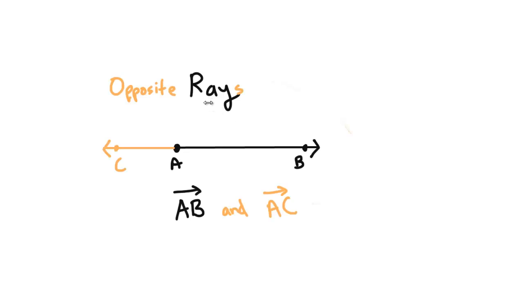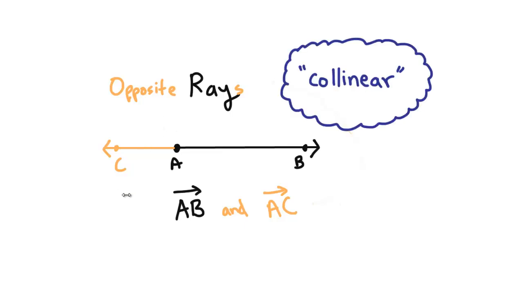Now to turn the original ray into opposite rays, all you have to do is create another ray in the opposite direction. So I created ray AC sharing the same endpoint A. So we have ray AB going in the right direction and ray AC going in the left direction. Now we have two rays, and they are known as opposite rays.